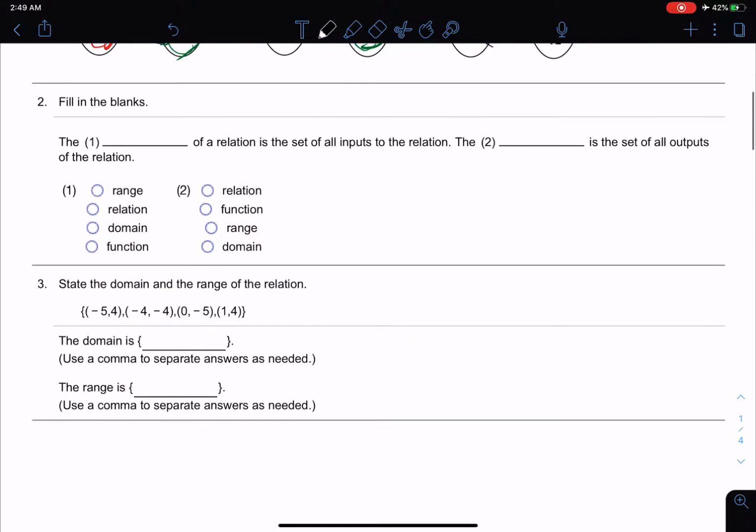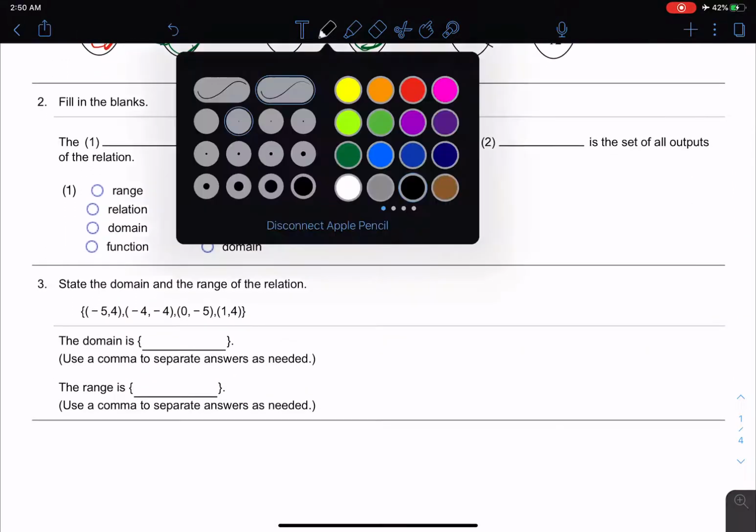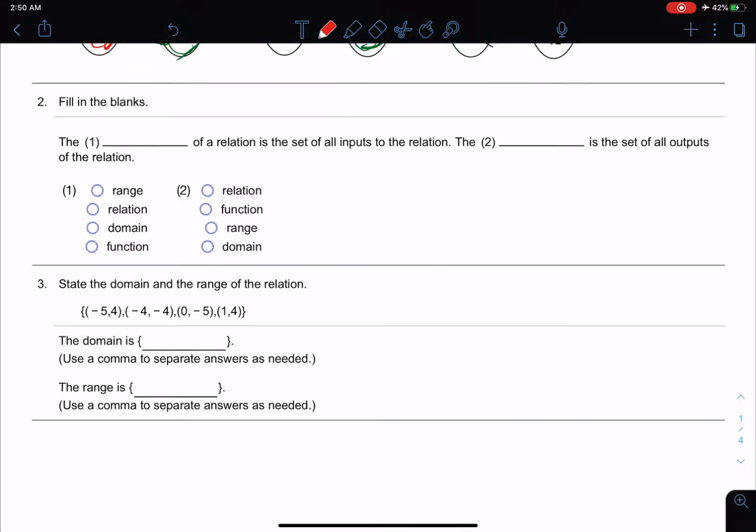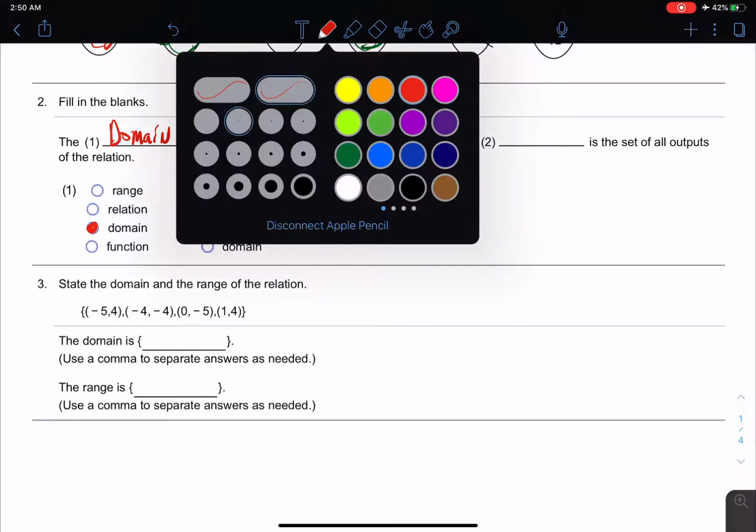Next problem. It says the blank of a relation is the set of all inputs. Well, the domain is the set of all inputs, in this case x values.